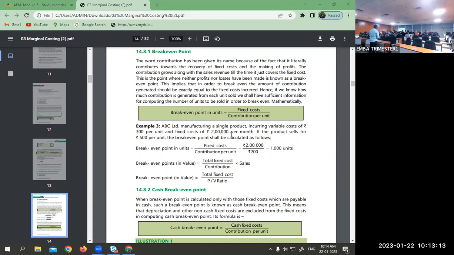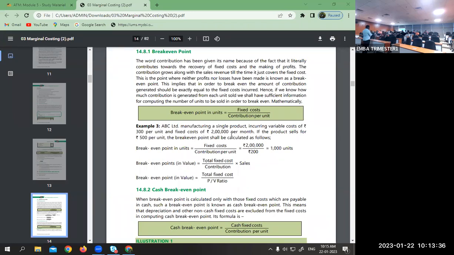That's called in units. Another one you can say in rupees, in dollar, in value. What is to be your sales value to reach out your break-even point? In this example, 20,000 cycles into selling price of cycle. Selling price of one cycle is equal to break-even point in value.